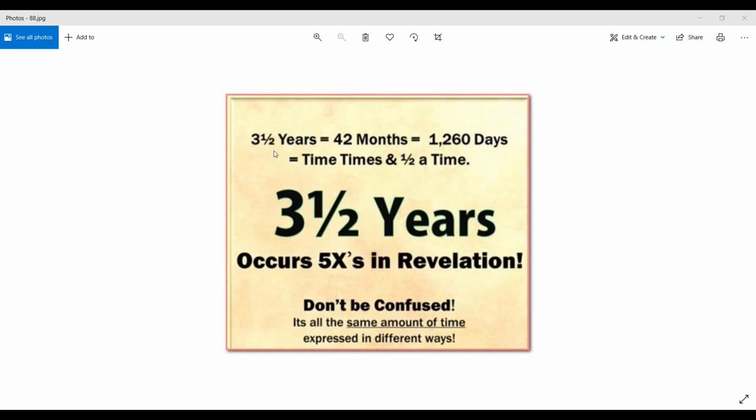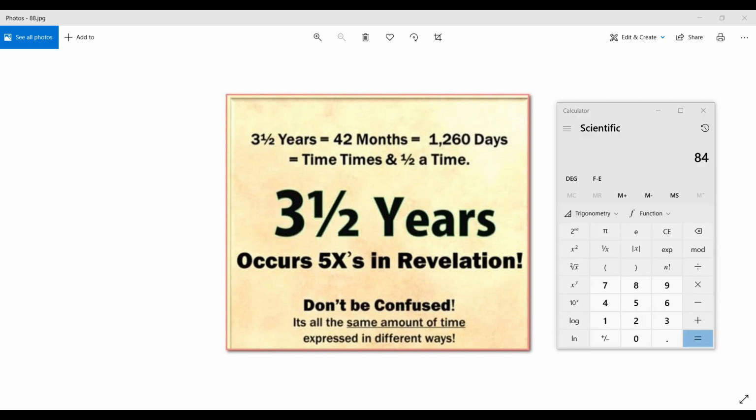So 7.5 years is 42 months. 2 times 42 is 84. So it's mentioned in the Revelation in the Bible. So you can use the numbers 81, 82, 84. So these are all the vibrations.